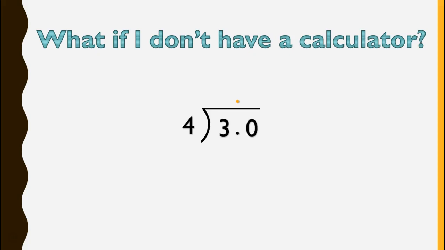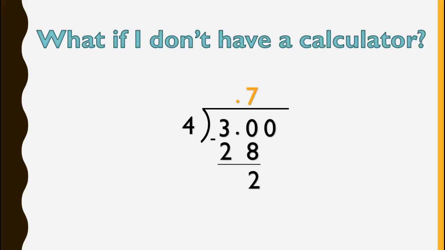Now, can I divide 30 into 4 pieces? Yes, I sure can. I could divide that 7 times, and 7 times 4 would be 28, right? Then you subtract it and you get 2. Well, I'm not finished because I'm working on the decimal, so I'm not going to stop there and end with a fraction. I'm going to keep going.